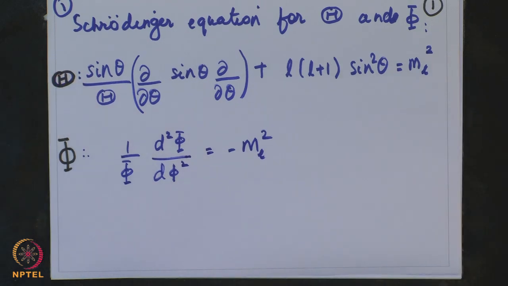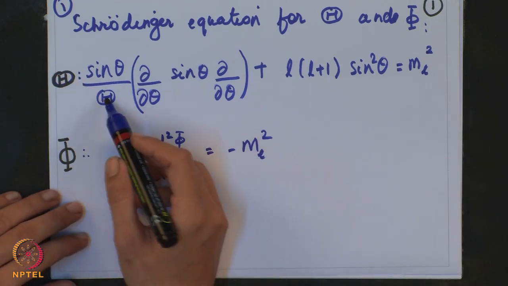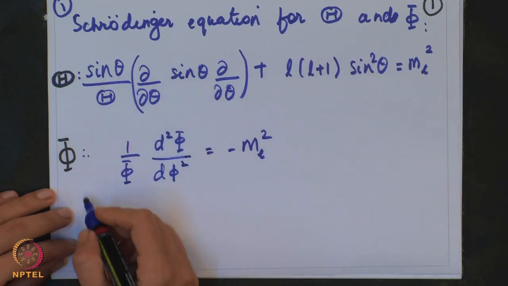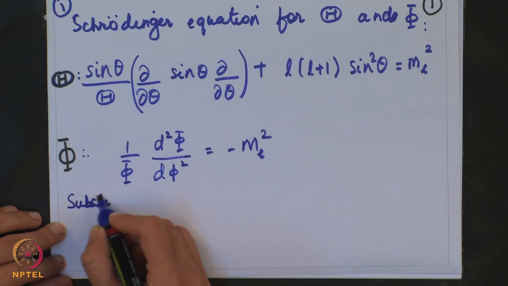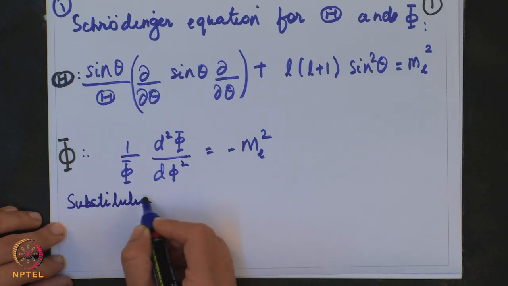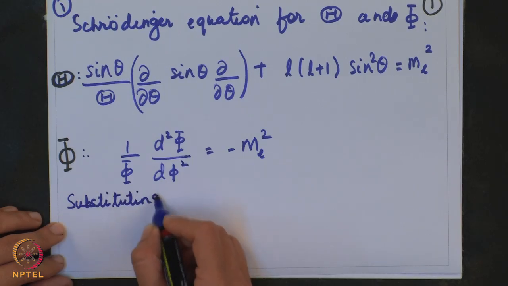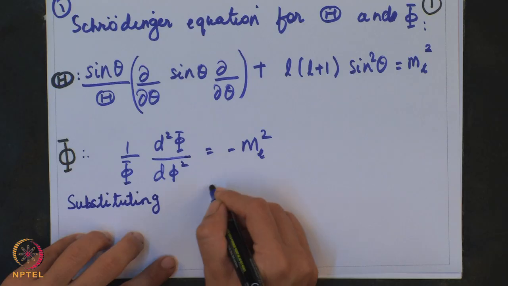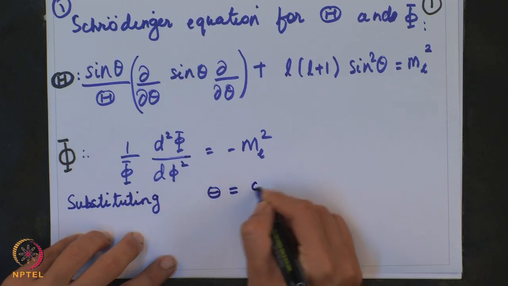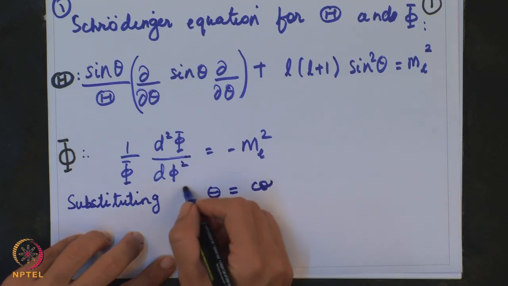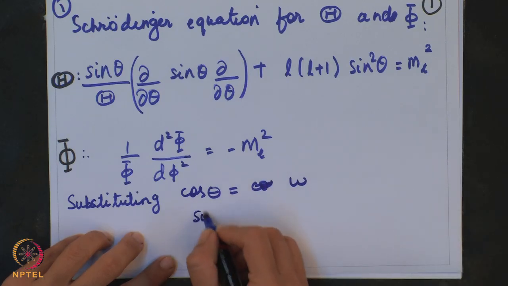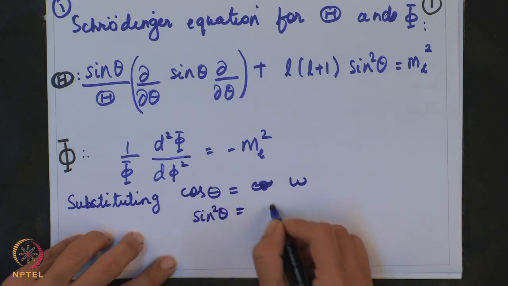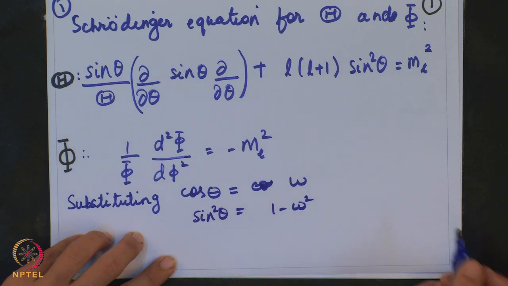Now, when you rewrite this, the substitution made is cos theta is equal to omega. So, what will be sin square theta? It will be 1 minus omega square, or w square.